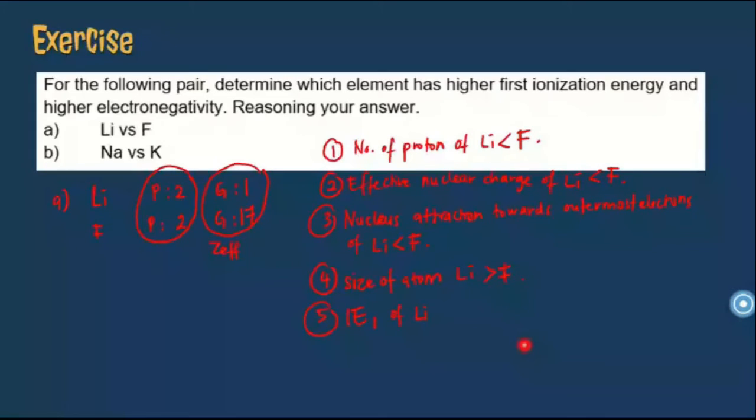Less than fluorine. How about the electronegativity? Less than fluorine. Okay, that is question A.